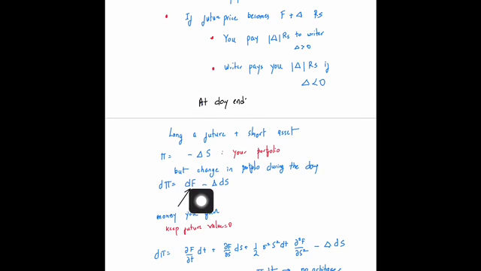So the change in the value of the portfolio is delta F minus delta S.